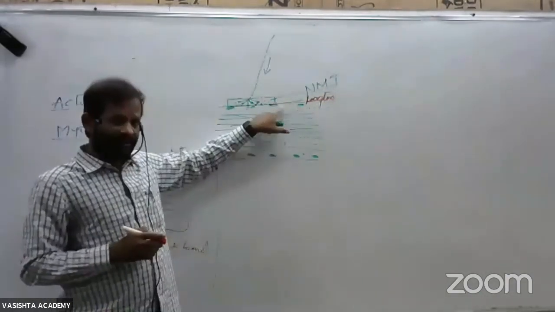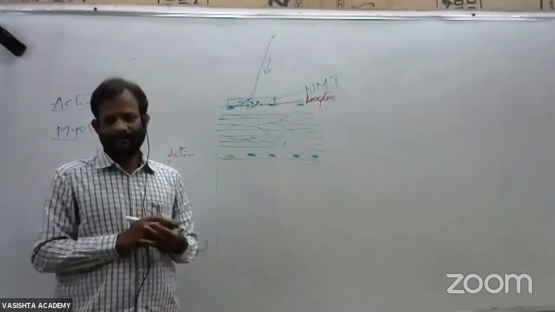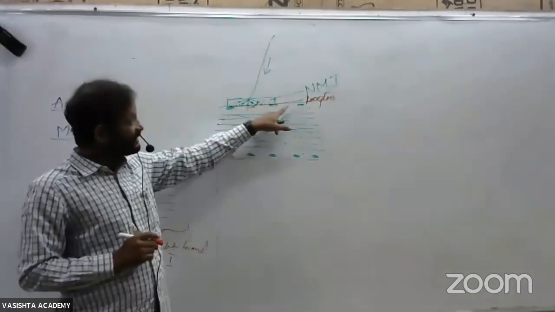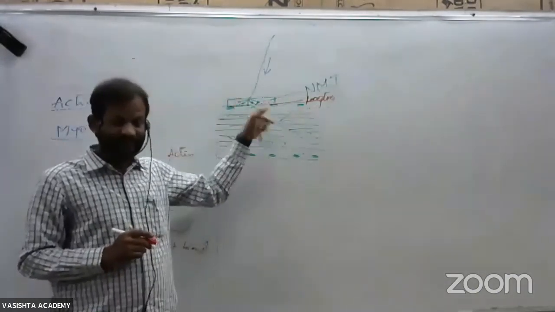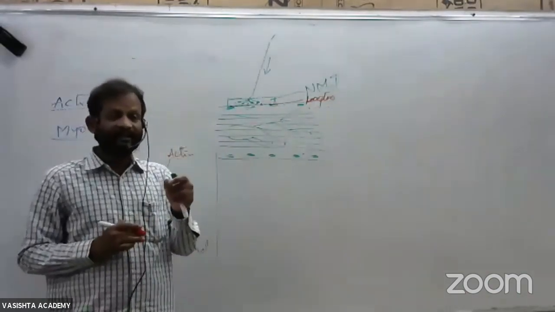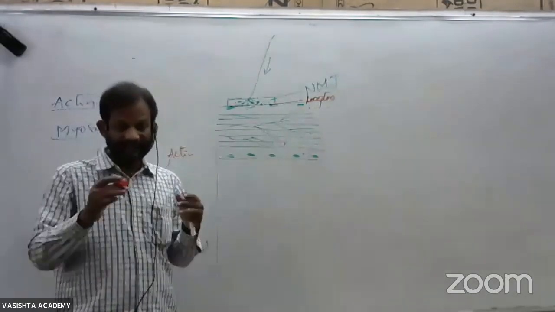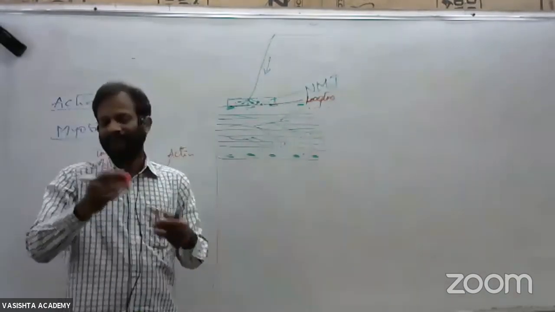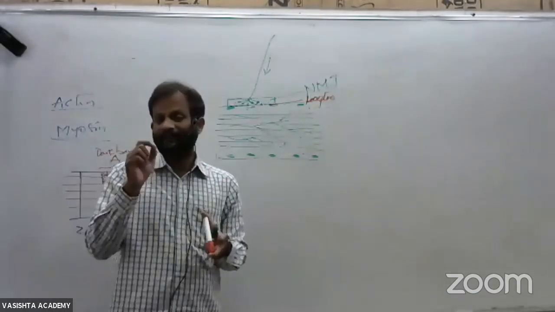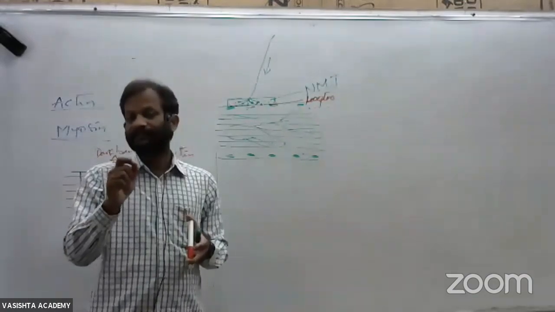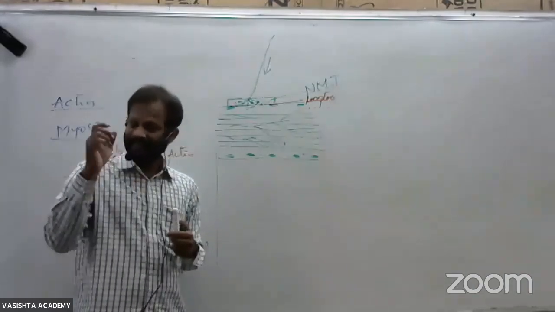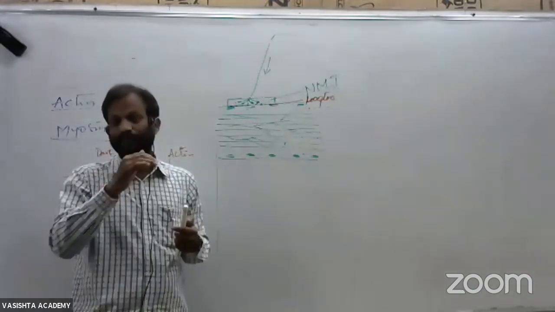When the receptors are stimulated, activated by those chemicals, immediately this total membrane, which membrane? Sarcolemma, plasma membrane, will get depolarized. That means it will change the mode of permeability. You studied in botany that the plasma membrane of every cell is selectively permeable. It will allow some substances to pass in, and some particular substances to move out.